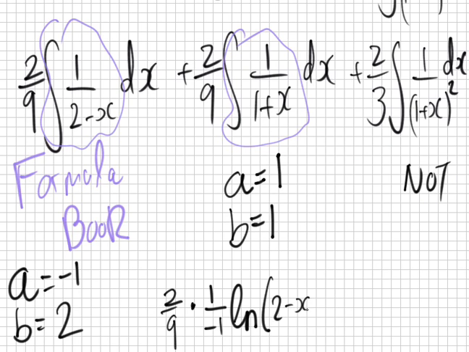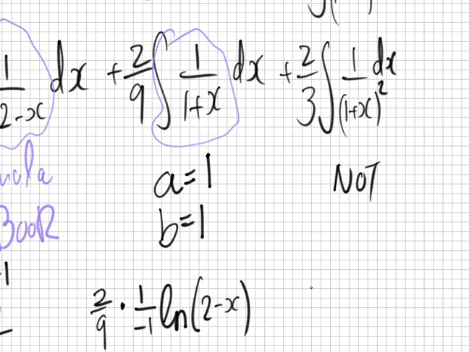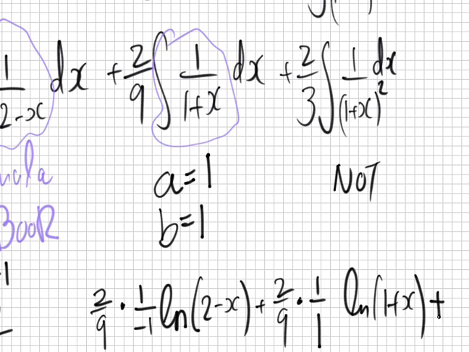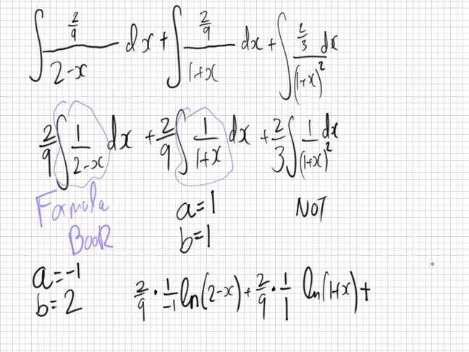So using the formula book here, this one becomes 2 over 9 times 1 over minus 1 log 2 minus X. Then this one here becomes plus 2 over 9 times 1 over 1, log 1 plus X. Plus this one at the end, 2 over 3 integrate 1 over 1 plus X squared dx. We still have to do this one.